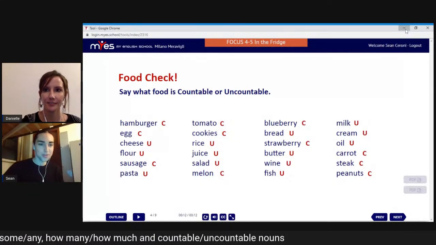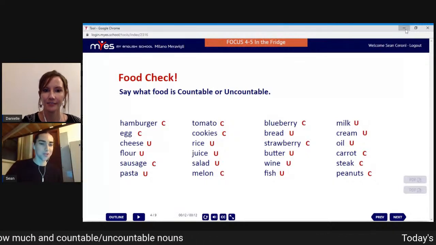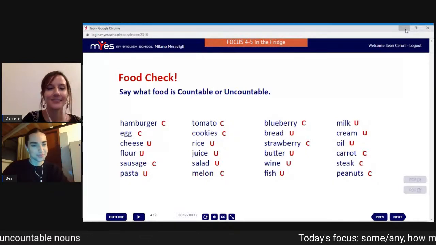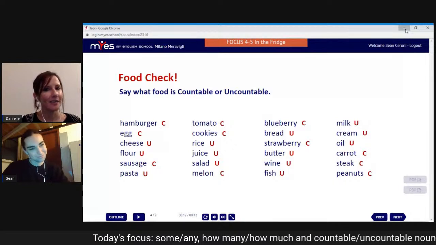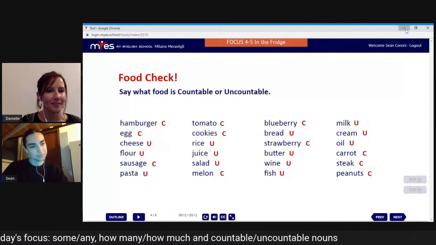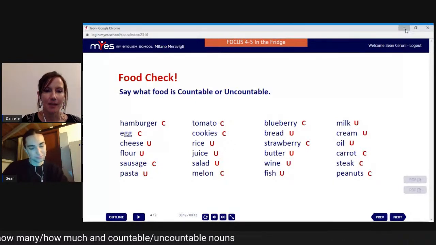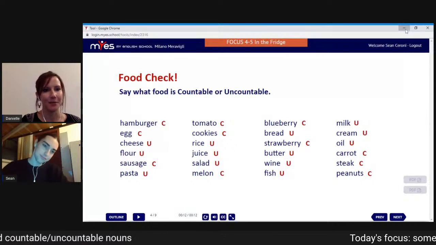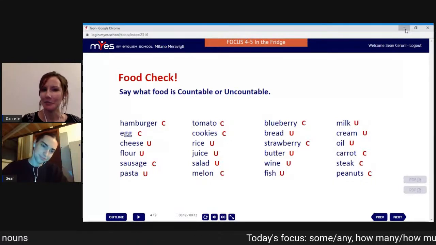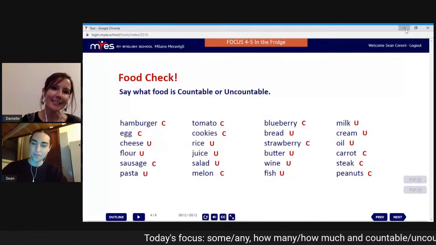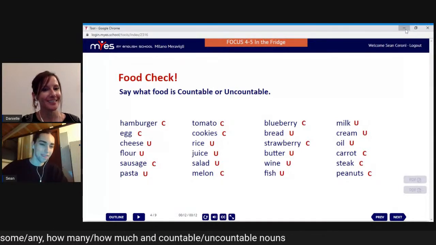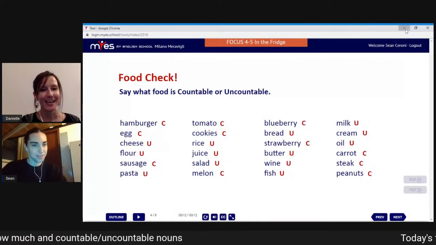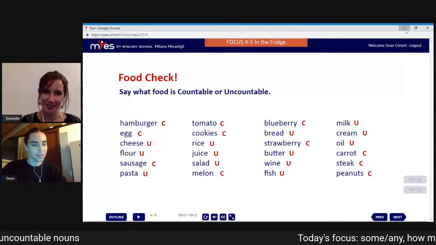So what foods here do you like and what ones do you dislike, Danielle? I don't eat very much meat. I don't like hamburgers that much. Eggs and cheese. I try not to eat too many eggs and dairy products, but I do like cheese.